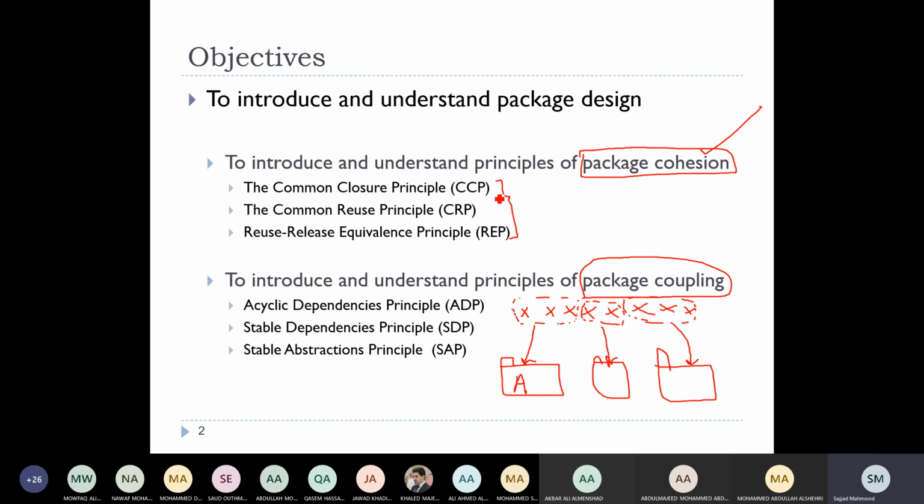We also looked on Sunday that these two concepts, the CCP and CRP, are mutually exclusive. In other words, they are kind of competing with each other.